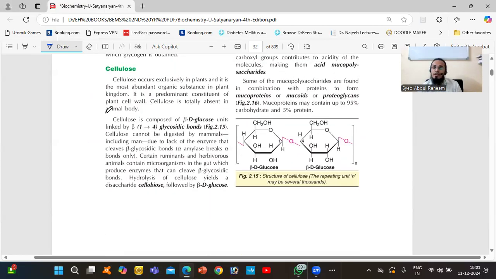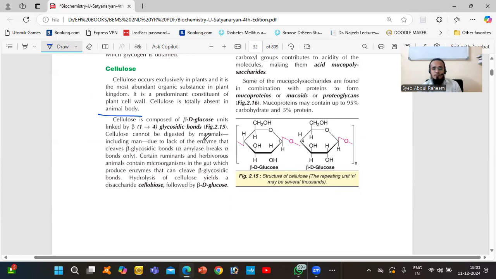Cellulose is totally absent in the animal body; it is only in plants. Cellulose is composed of beta D-glucose units.